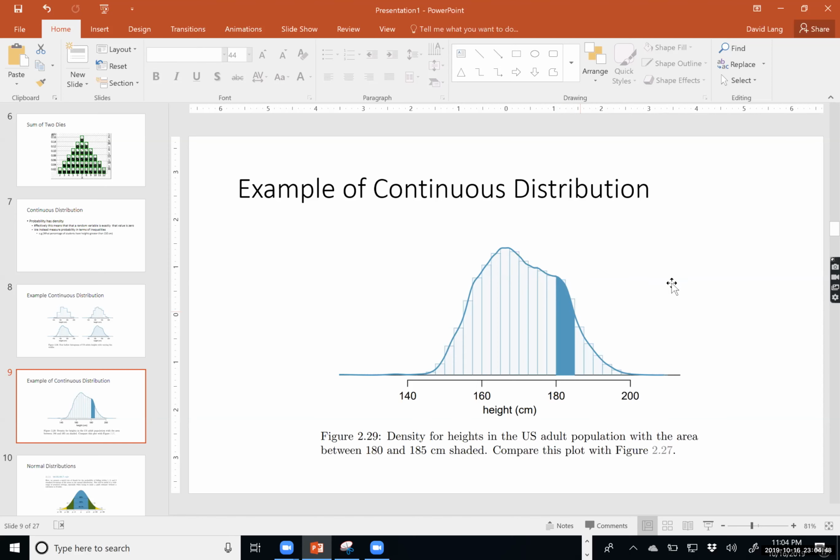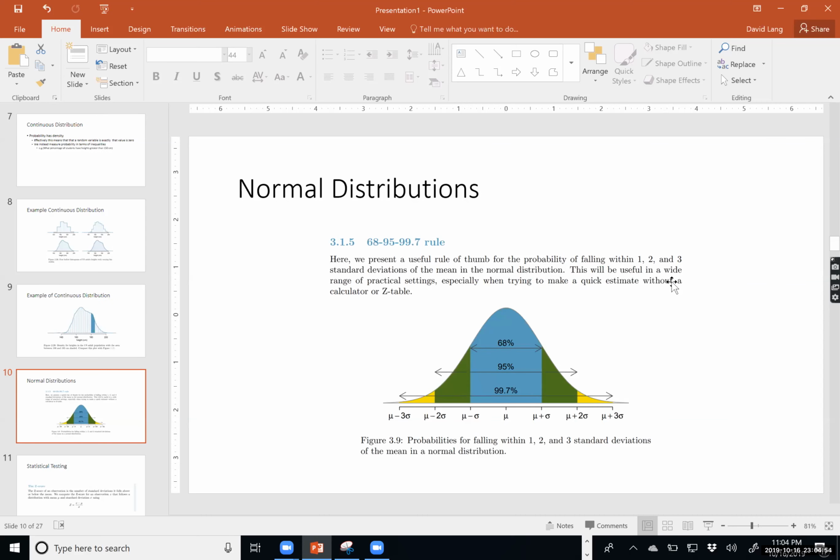And of course, when we are talking about continuous distributions, the most popular and the most useful one that comes to mind is always going to be the normal distribution. The thing I really want you to take away from the normal distribution is that it's symmetric, meaning that its associated density function is the same as you move to the left of its mean as to the right of its mean.